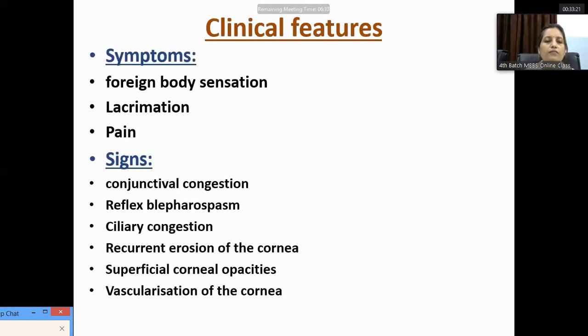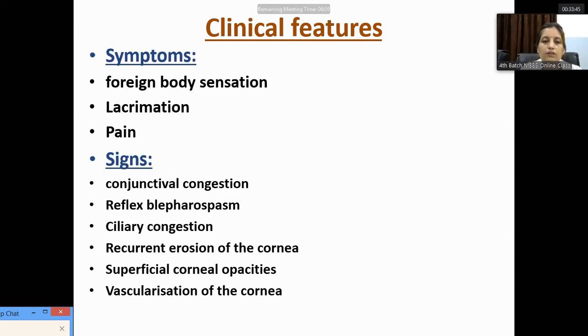There are different symptoms. Some patients complain of foreign body sensation, some lacrimation, some pain, and sometimes after chronic irritation there will be ulcer formation in the cornea also. Conjunctival redness, reflex blepharospasm, ciliary congestion, and recurrent erosions of the cornea can be there.